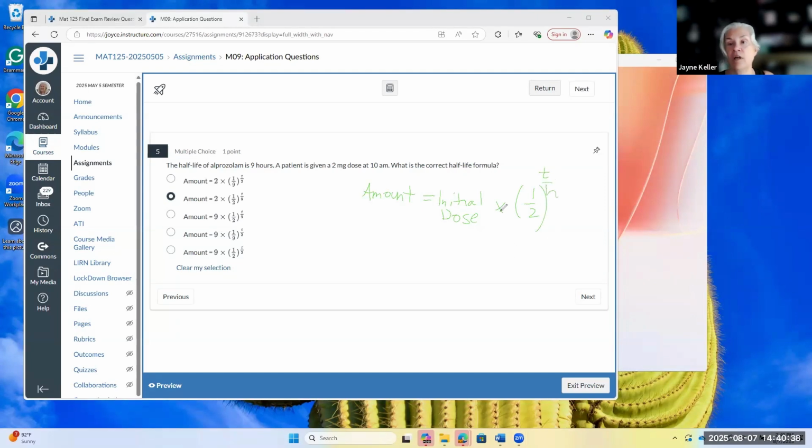We'll write H for half-life. So for this problem, the amount is equal to the initial dose, which is 2 milligrams, times 1/2. And then since the half-life is 9 hours, we have T over 9. So this is the equation we're going to use to answer these questions.